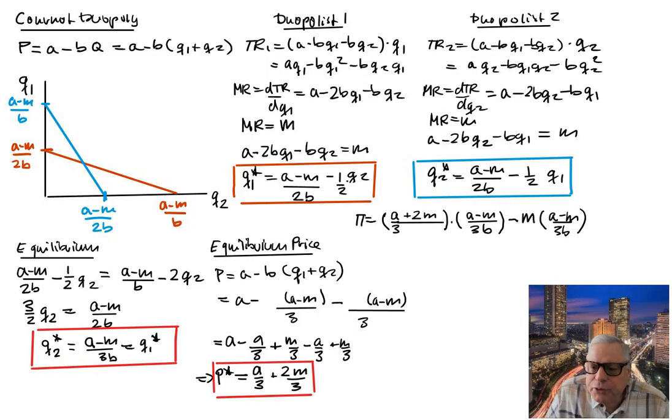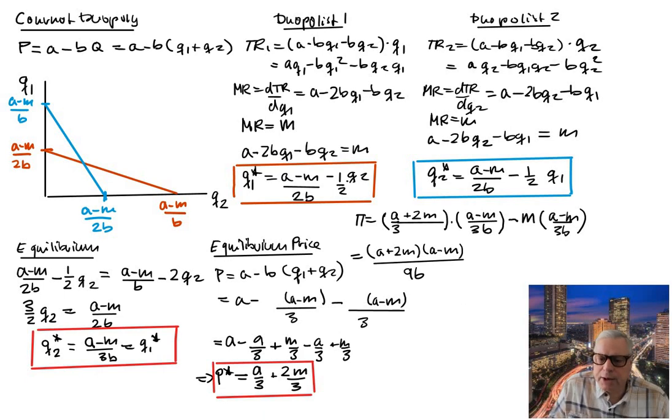Okay, so now let's first multiply the first term, then we get (A plus 2M)(A minus M) over 9B minus M times (A minus M) over 3B.